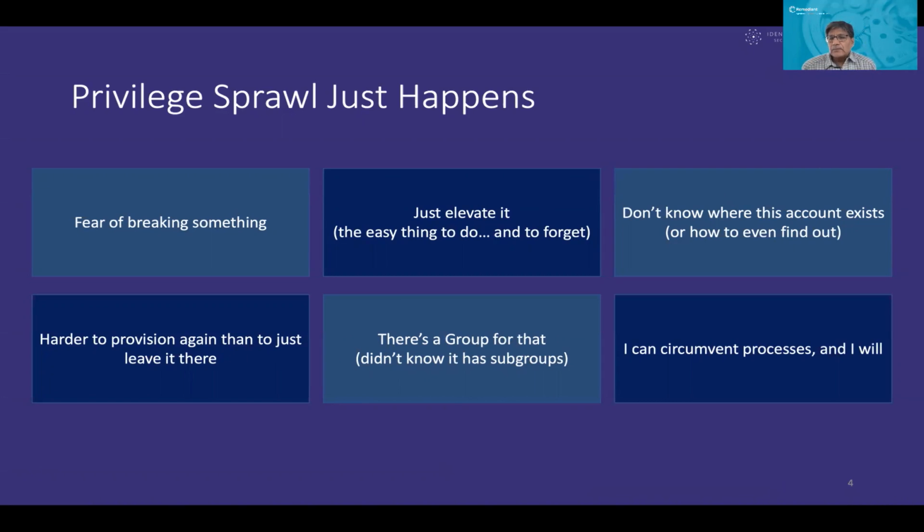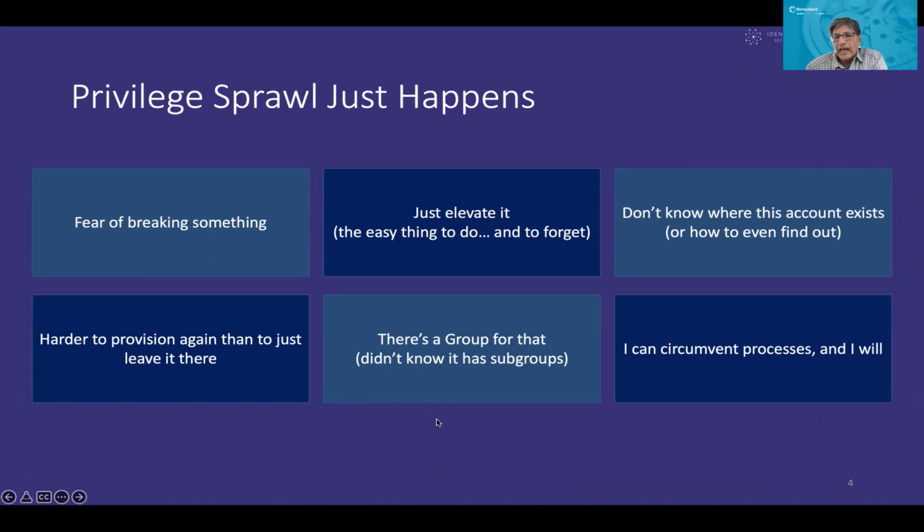And oftentimes I will temporarily create a second account. Like, I'm Raj, I'll create Raj 2 and give it the same privilege as Raj. Then Raj can go away or just sit there no matter what, but I can continue to use the second account for as long as I want, right? And we see that again and again in customer environments.